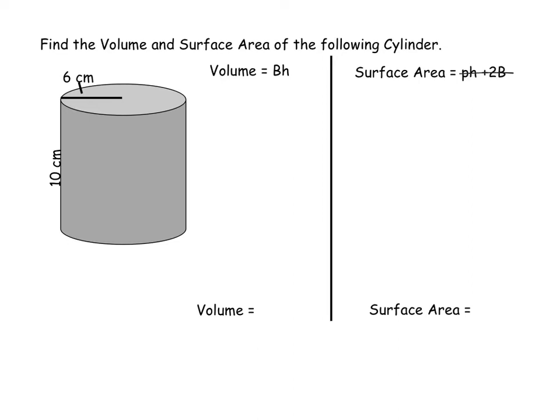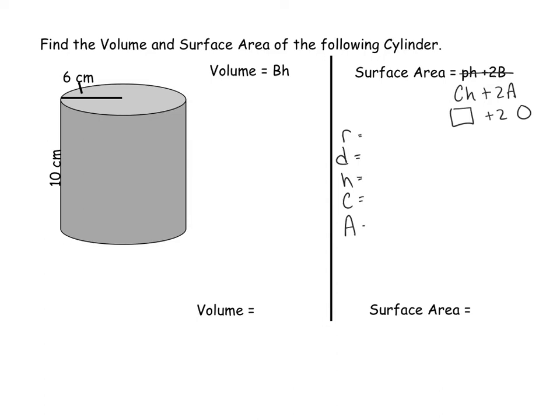We're going to change our surface area formula from PH plus 2B to CH plus 2A, because that's the circumference times the height, which is our rectangular part, plus two bases. That's your two circles. So our list is R, D, H, C, and A.